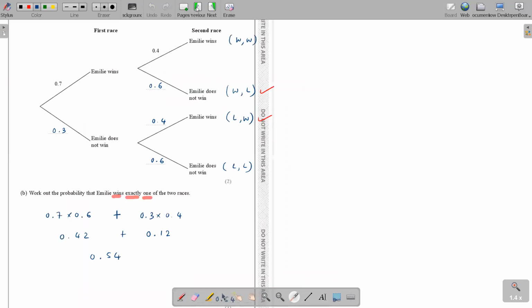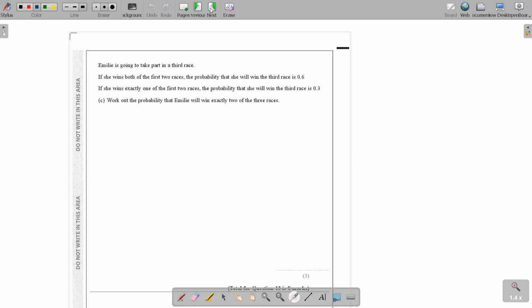So what you could do here is a quick extension to your tree diagram. First read the question again. There are 2 probabilities you need to mark here. If she wins the first 2 races, the probability she'll win the third is 0.6. If she wins only one of the first 2 races, the probability she'll win the third race is 0.3.